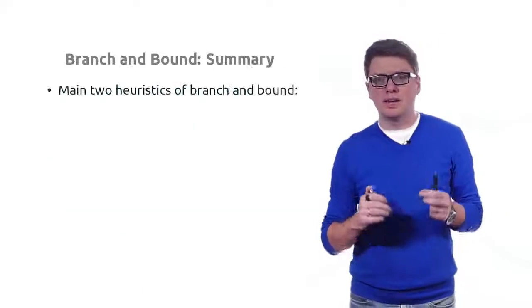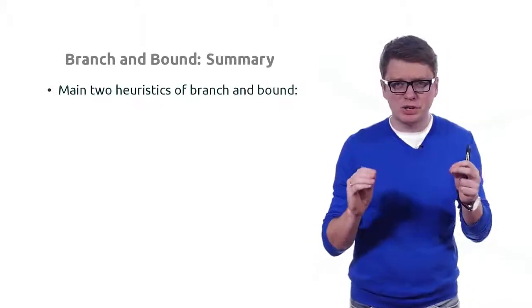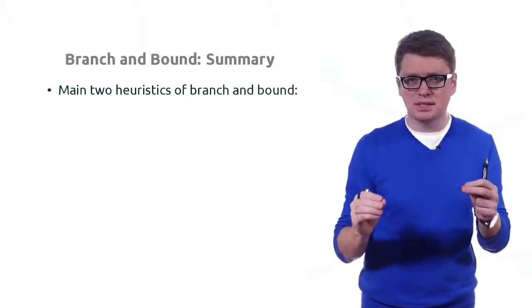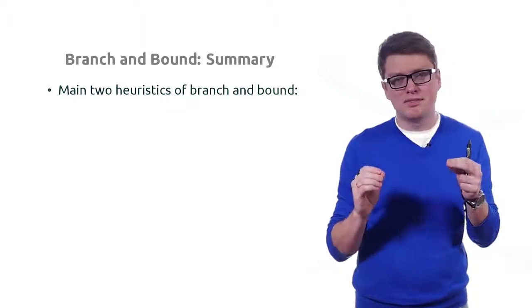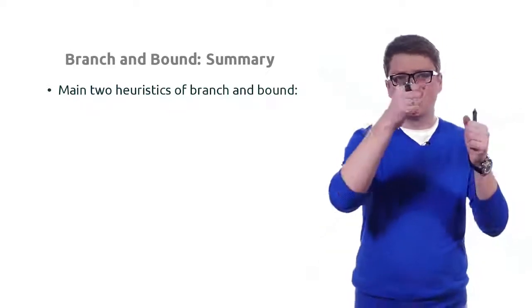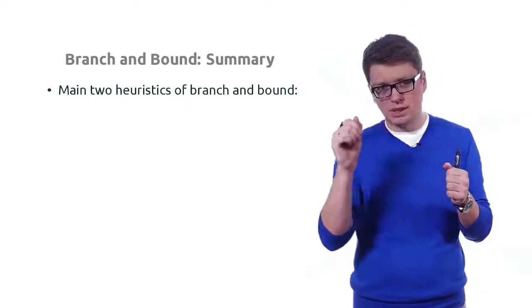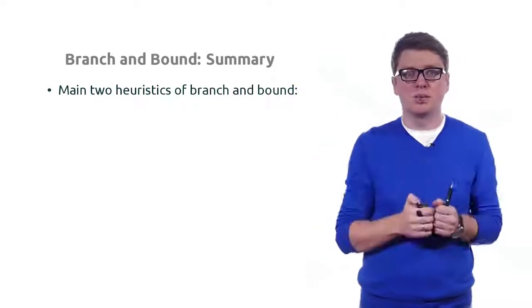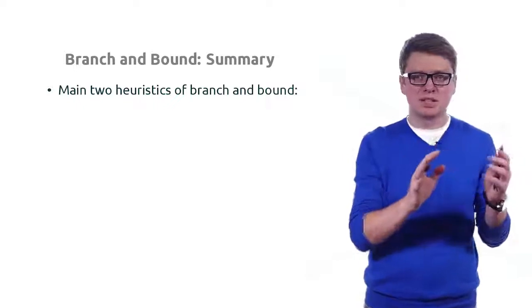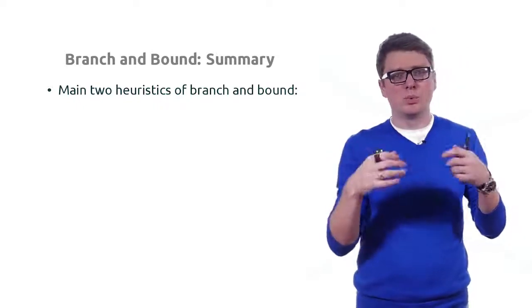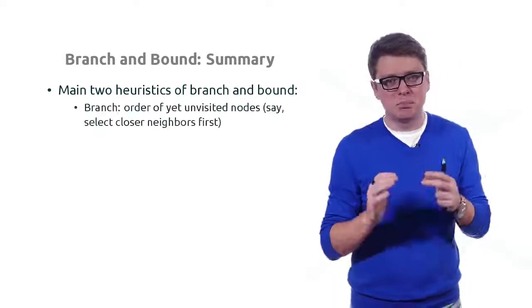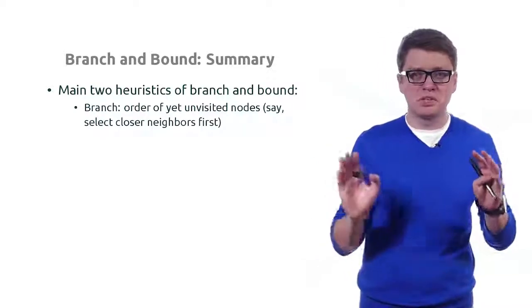Okay, now let me summarize. The branch and bound technique consists actually of two methods. The first one is how we enumerate all the nodes that are going to be visited after the current one. In our example, we considered just some random order. When implementing this idea, it makes sense to stick to some particular heuristic.